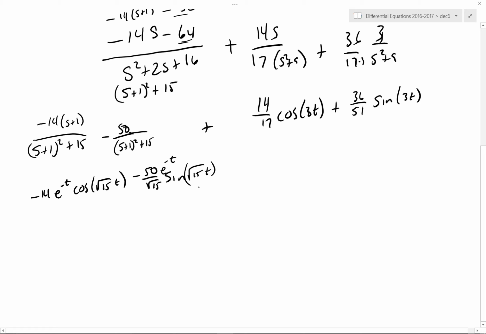Now, of course, we can combine these guys together and see what happens here. But when I do this, I'm just going to get this plus this. We can combine these two and we can combine these two. Obviously, we can pull an e to the negative t out and then combine it inside.